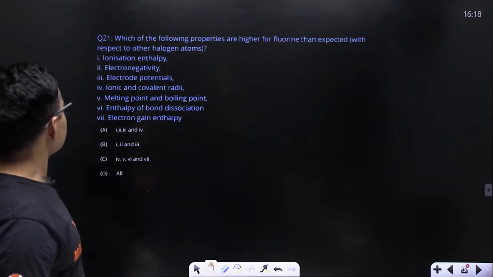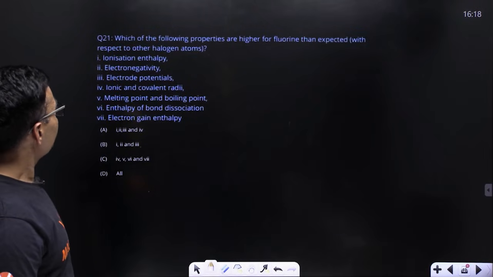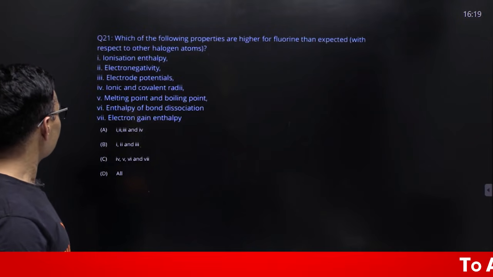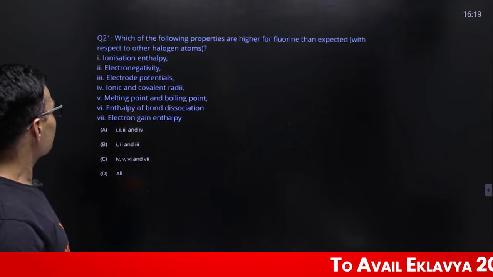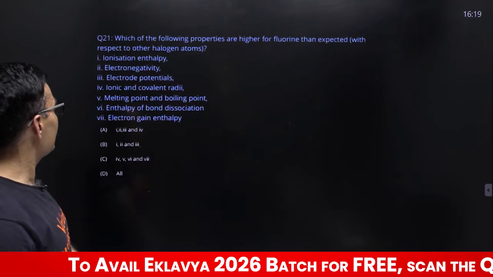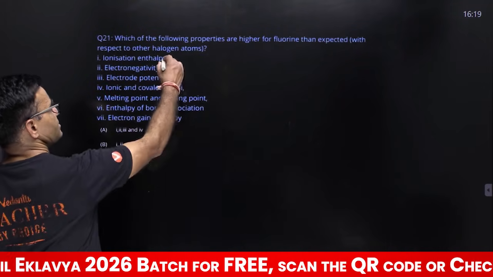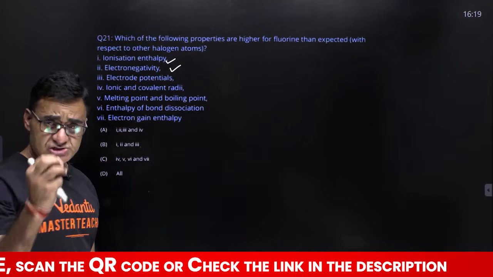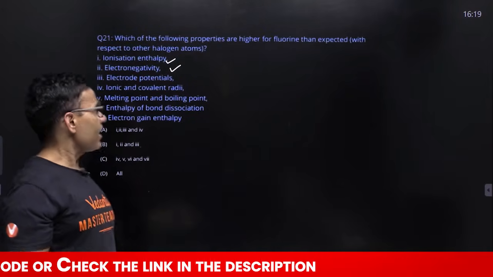This question is based, again, on the properties of the fluorine atom with respect to other atoms of the same group. Which of the following properties are higher for fluorine than expected with respect to other halogen atoms? Ionization enthalpy, yes, it is higher than chlorine, bromine, iodine. Electronegativity is the highest in the entire periodic table as a fact.